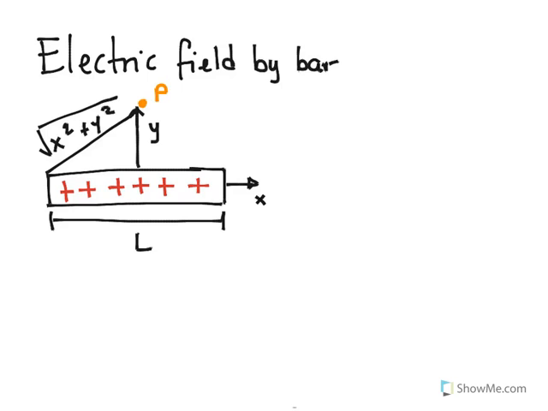In this sense, we start from the electric field being k integral of dq over r squared times the unit vector.